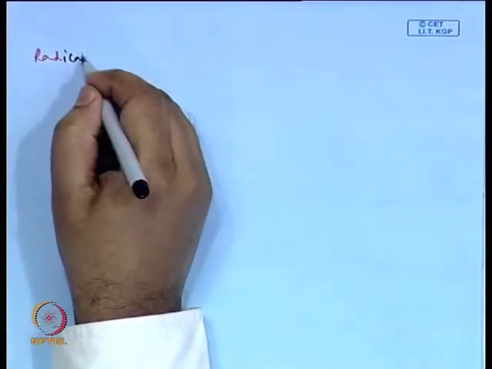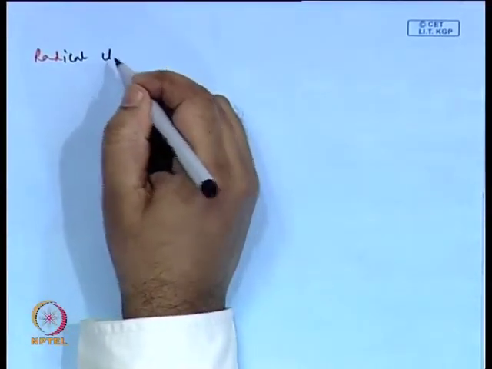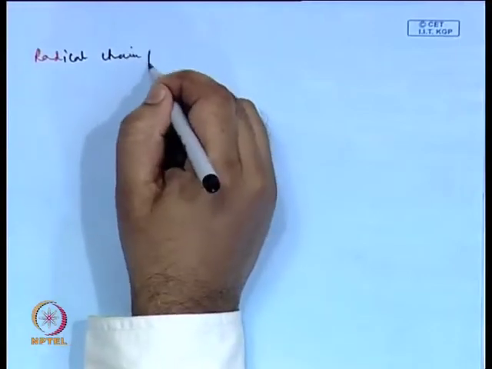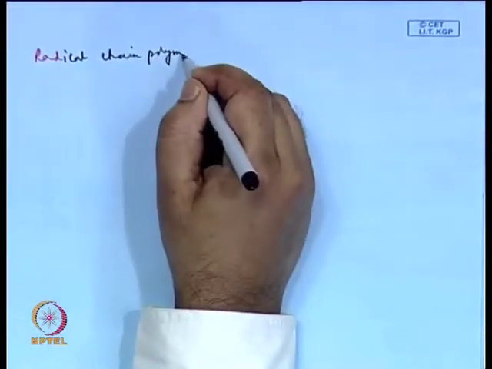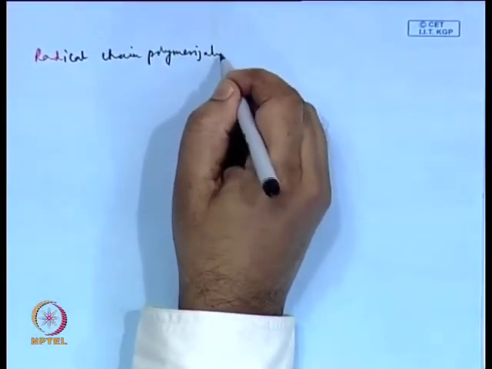What is the value of Xn for radical chain polymerization? We will not go into the details of the derivation.